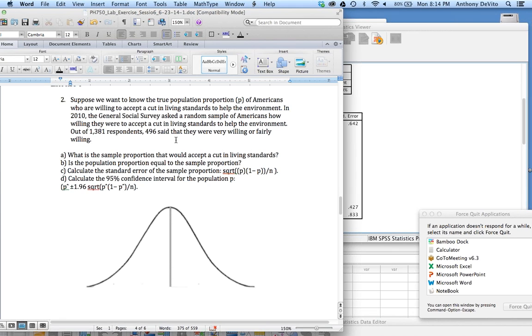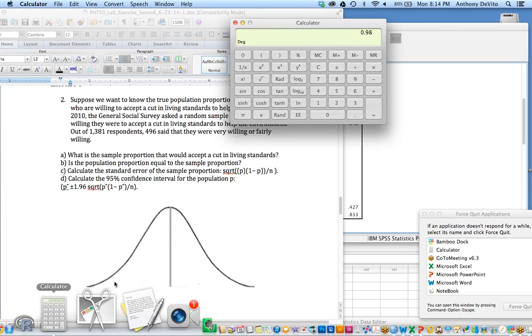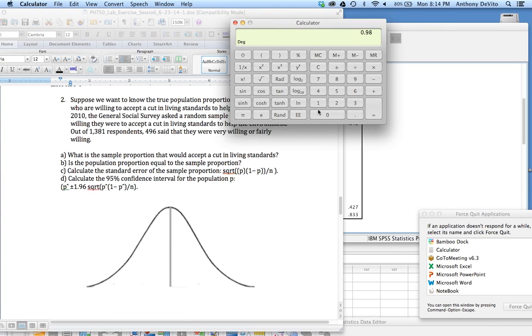Well, based on this sample, it's 496 out of 1,381. So what is that? Let's get our calculator out. It's equal to 496 divided by 1,381. So that is 35.916%, right? Or as a proportion, 0.359, rounded off.